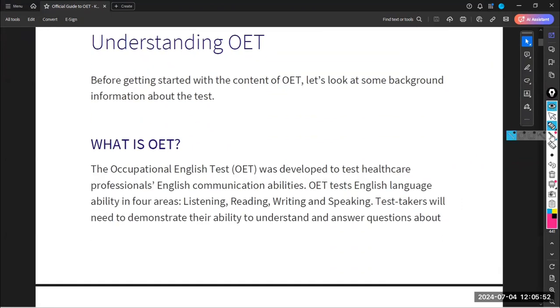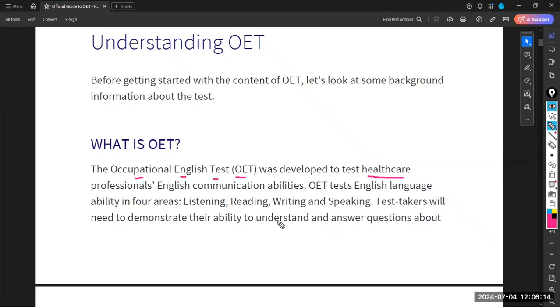Now, if you take a look at this page, you notice that OET is the abbreviation for the Occupational English Test. This test absolutely is about healthcare. Everything is connected to medicine and science.